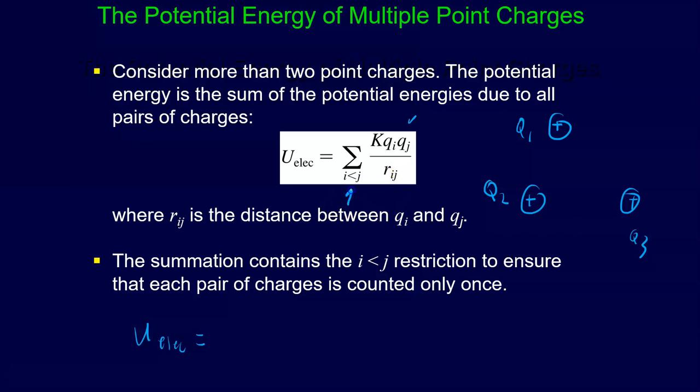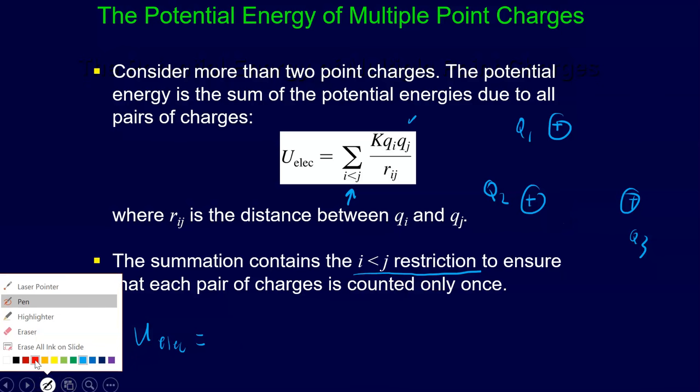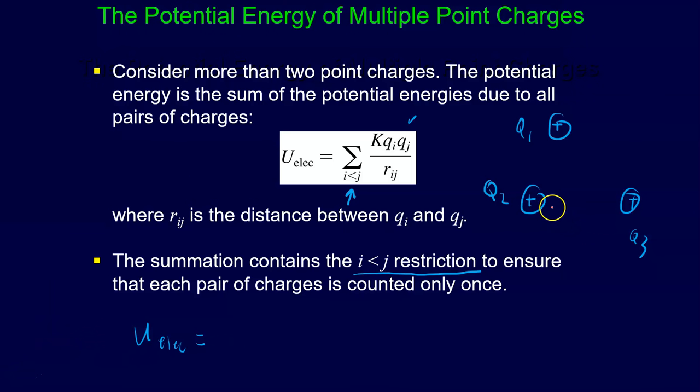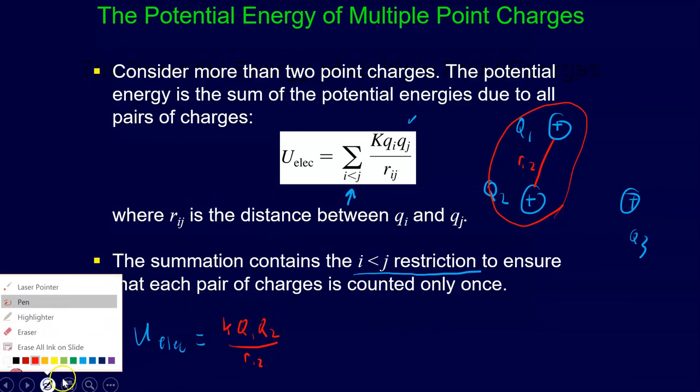Now the tricky part is the summation restriction, which basically says you don't want to double count. If you had 3 charges, and by the way, if there's more than 3 charges, the person writing that problem is not very nice, you'd do this first one first: K Q1 Q2 over the distance between those, which I'll call R12, the separation distance between them.